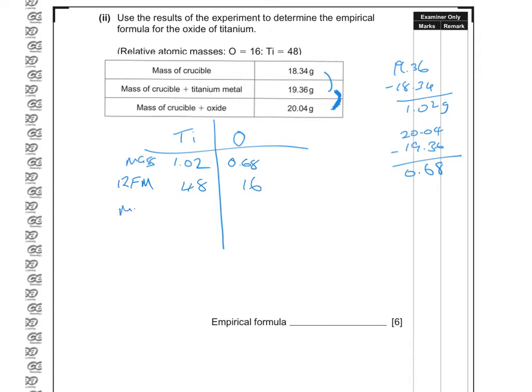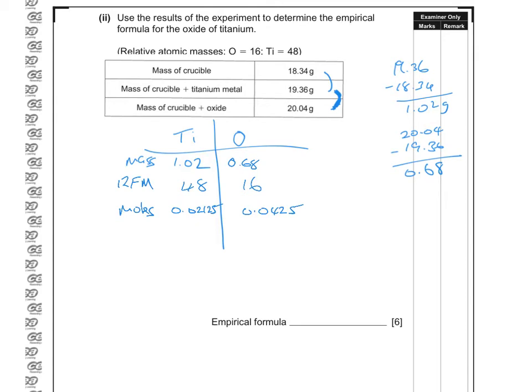And then we work out the moles, and for titanium that works out to be 0.02125, and for oxygen it's 0.0425. Obviously we can't leave it like this, so we need whole numbers.